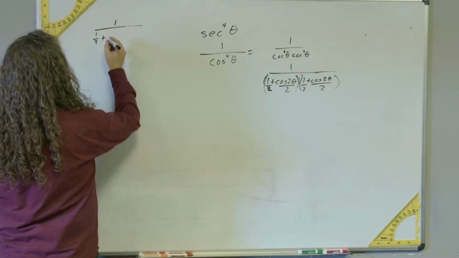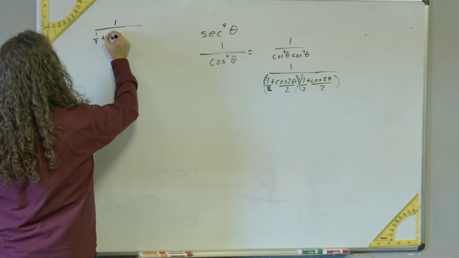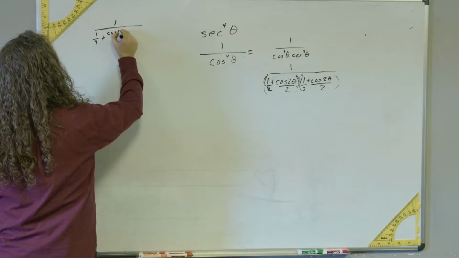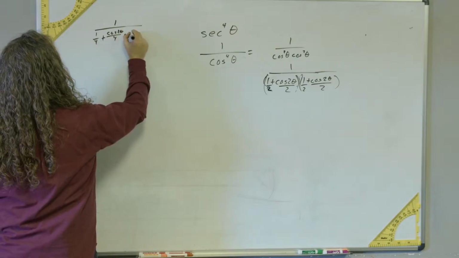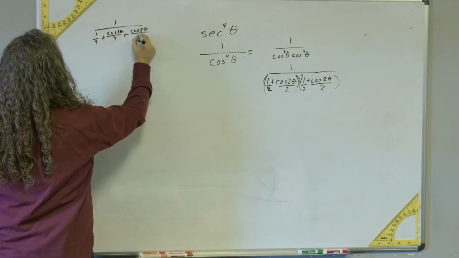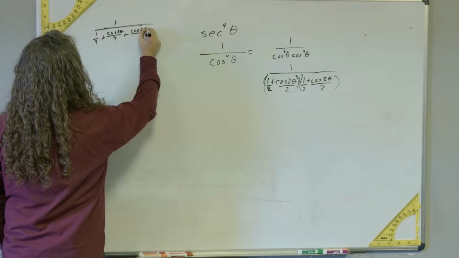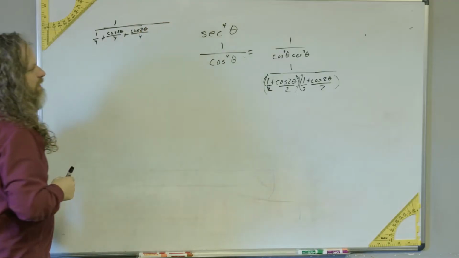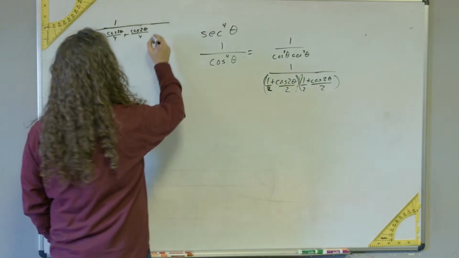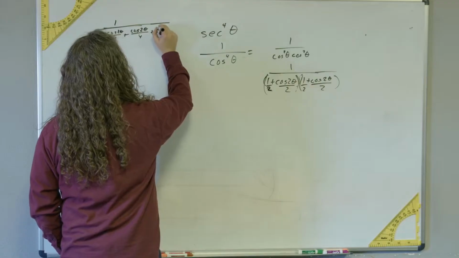So let's just do all of those pieces: cosine 2 theta over 4 plus cosine 2 theta. I corrected the mental error. Great. And cosine squared 2 theta. Oh no, it's another squared.